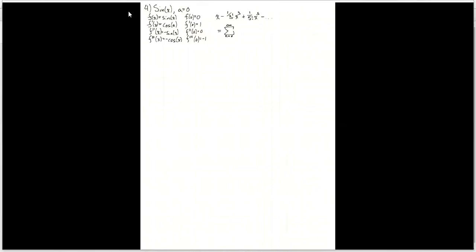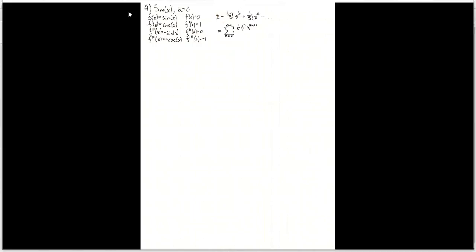So instead of writing a coefficient so that I skip every, I make sure that these ones are 0 in between, what I can do is just make my power skip instead, right? So my coefficients are alternating. My powers of x are 2n plus 1, right?